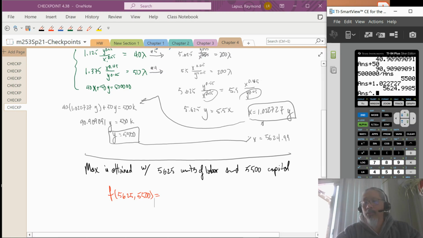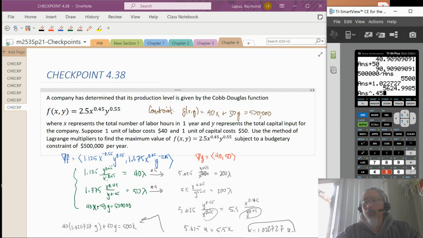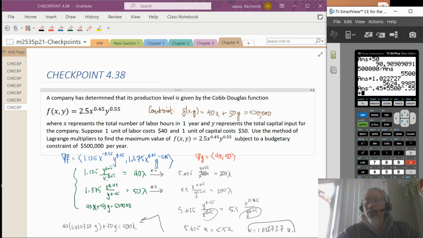Yep, 0.45. And then we'll multiply by y, 5500, raised to the 0.55. And then we'll go ahead and multiply everything by 2.5.